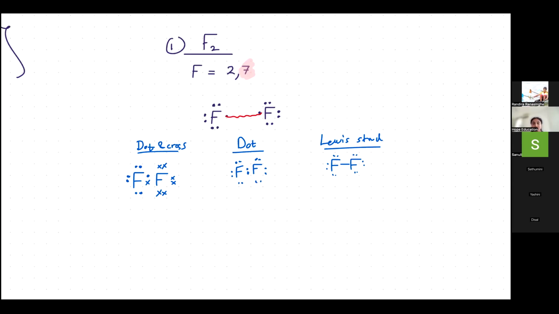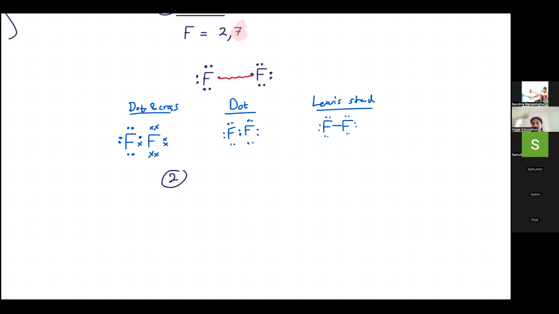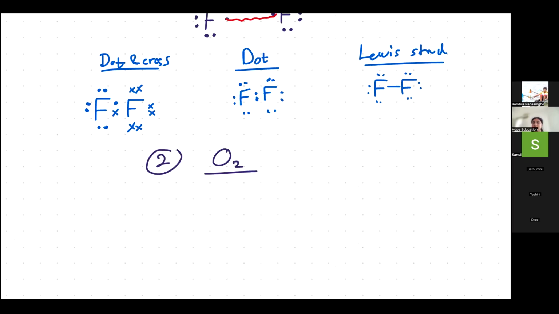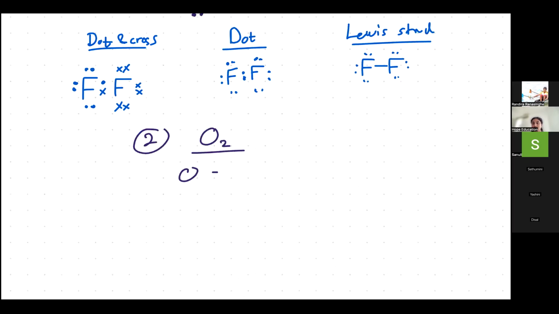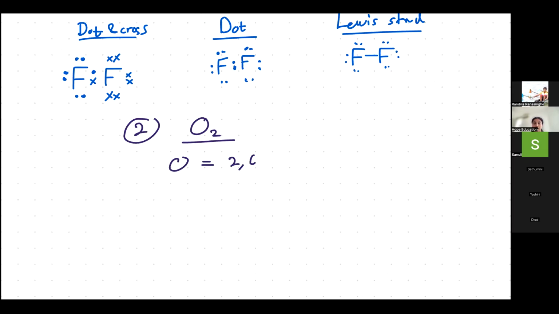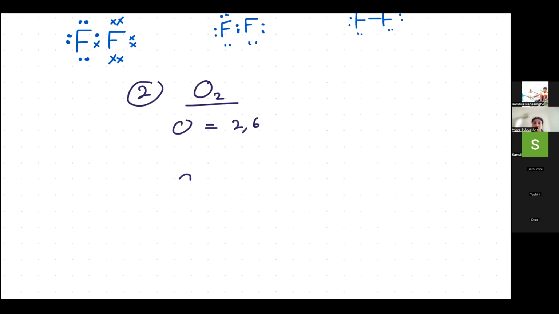Then, second one. If you take something like oxygen, we know oxygen electronic configuration is 2, 6. If I draw one oxygen, that would be 1, 2, 3, 4, 5, 6. If I draw another oxygen, 1, 2, 3, 4, 5, 6.